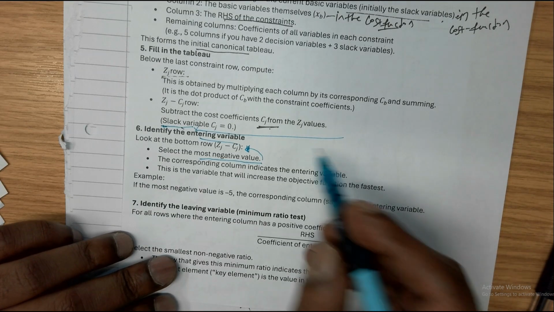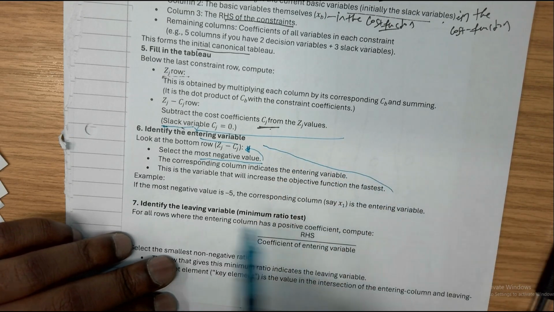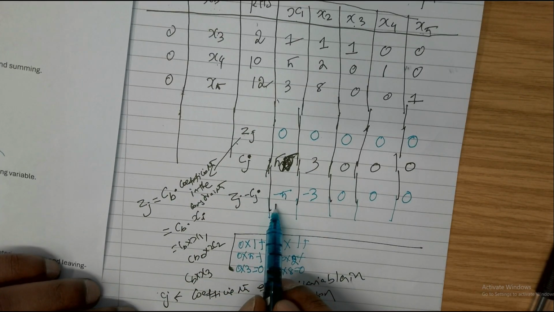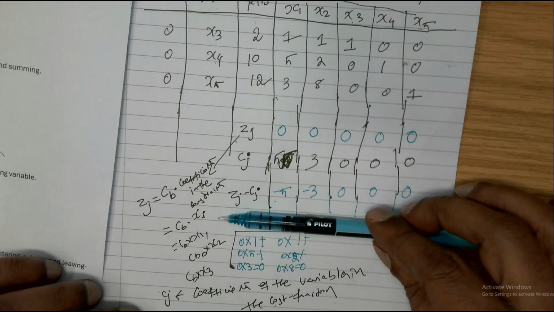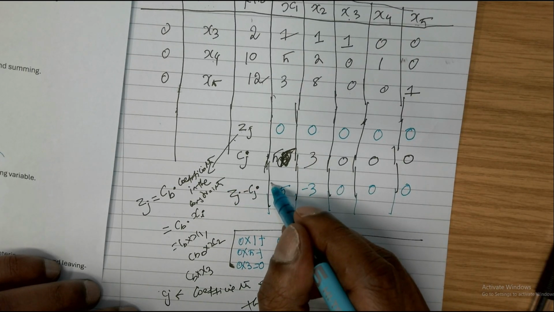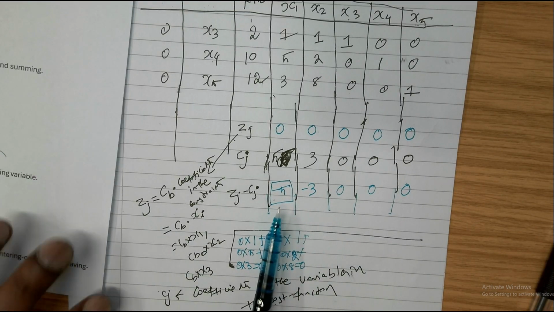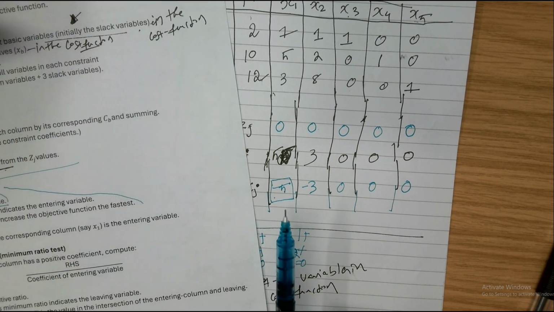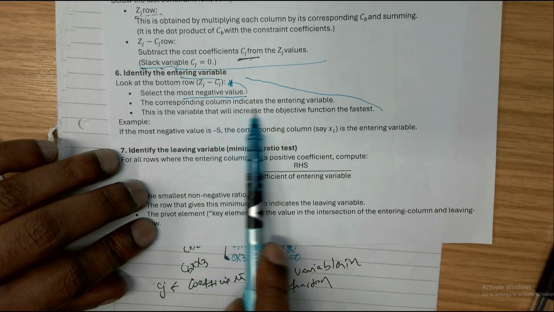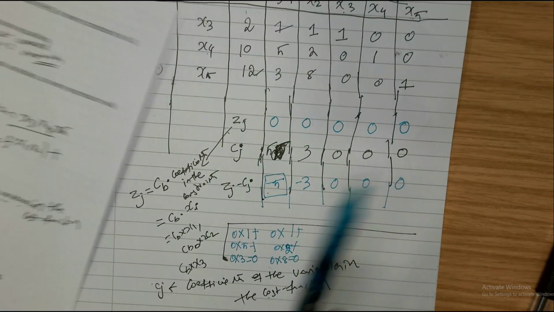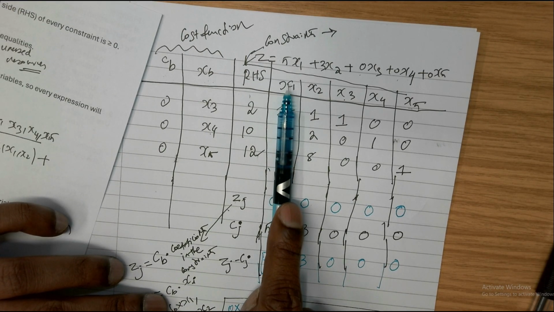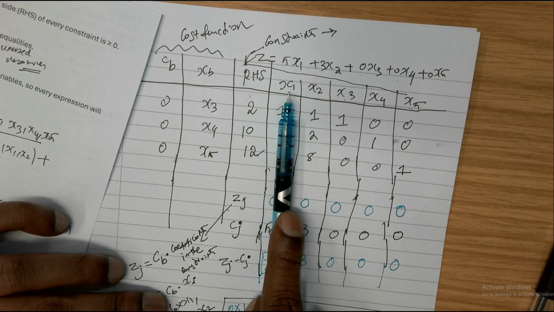So how to visualize this? Select the most negative value. Let's do that one by one. The most negative value in this row, which is Zj minus Cj, is minus 5. Once I identify the most negative value, the corresponding column indicates the entering variable. So the corresponding column is this one, and the corresponding variable of that column is x1.